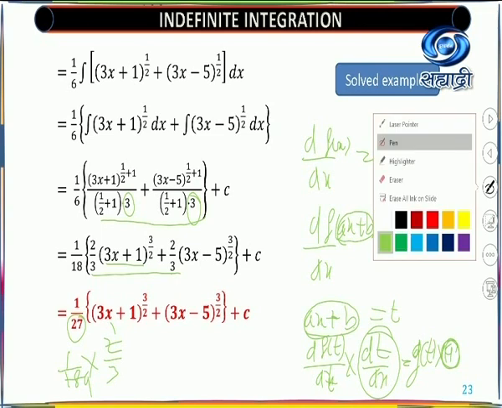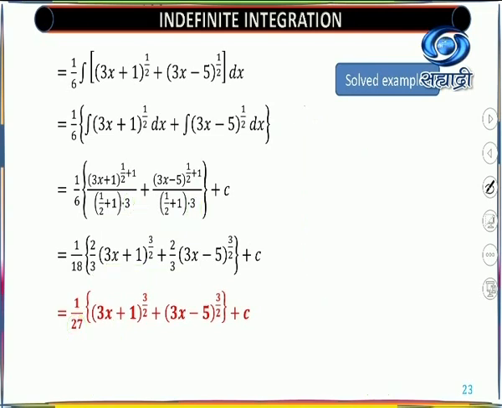So in which way will we write our integration? In integration, we have a formula: the integral of f of (ax plus b) dx is equal to capital F of (ax plus b), whatever its integration may be, divided by a, plus the constant of integration. That we use if it is a linear function. Here it is a composite function of a linear function.